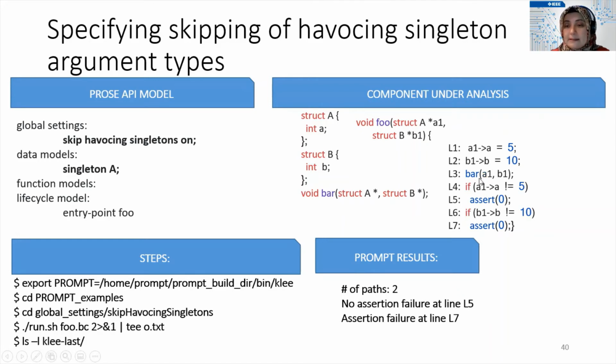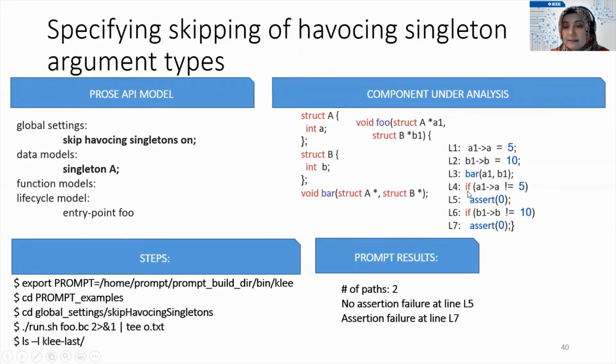And what that means is that any assignments we have made that are reachable from A1, like in this one, they will be preserved. Whereas this other argument, since it is not a singleton type, it will be symbolized or havoked. And so we will lose any type of assignments that have been made to B1.